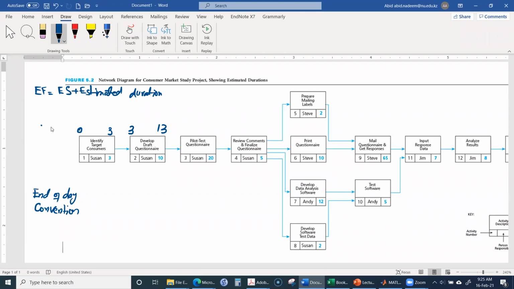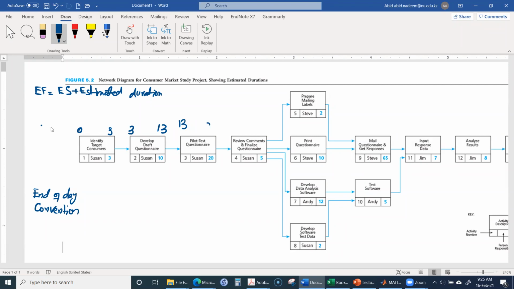Next, for activity 3, what will be the earliest start time over here? It will be 13. And then its earliest finish time will be 33.